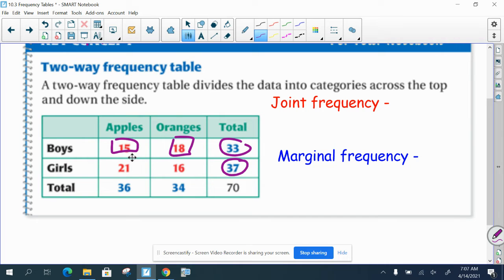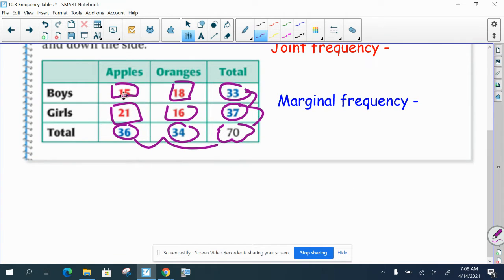How many total students like apples? 36. How many total students like oranges? 34. And the 70 should be what 33 and 37 add up to, and 36 and 34. So that's the total of all of the girls and boys, all the people who like apples and oranges.